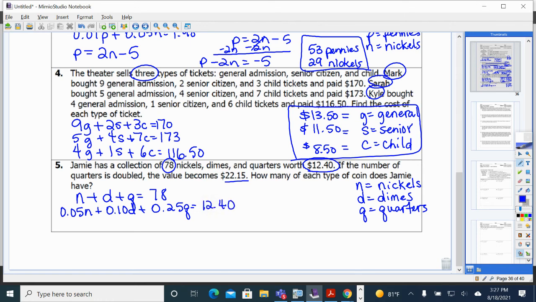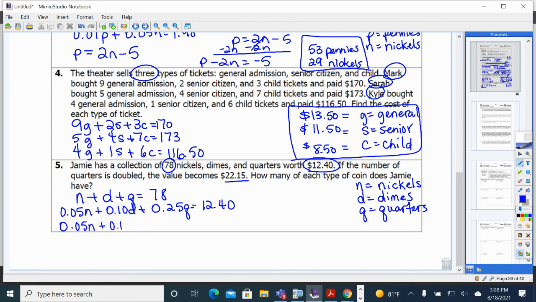Now, if the number of quarters is doubled, then I have $22.15. So if the number of quarters is doubled, this equation, the nickel part is not going to change.